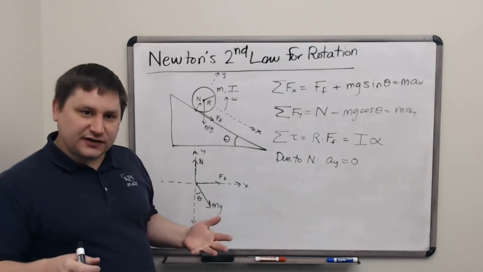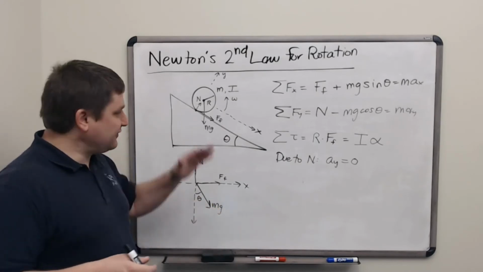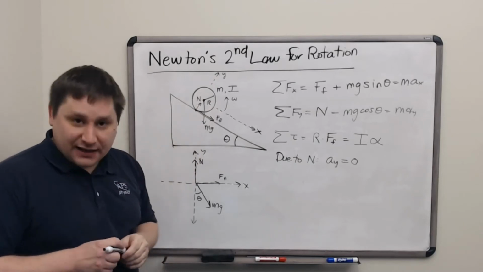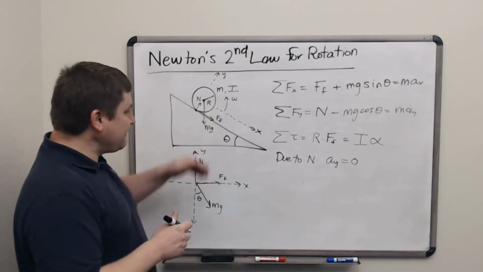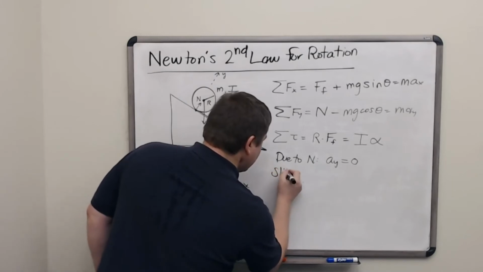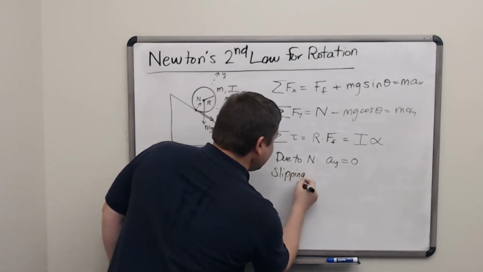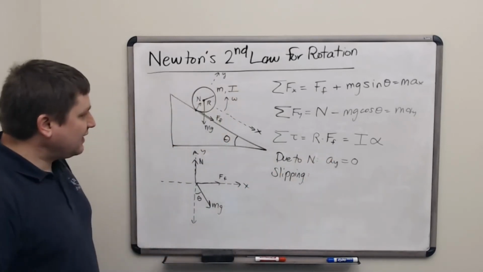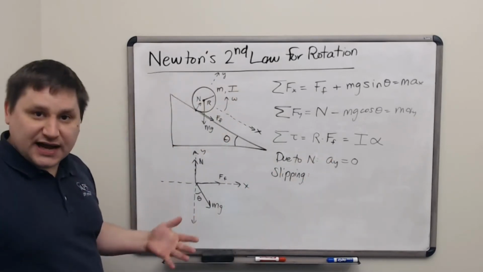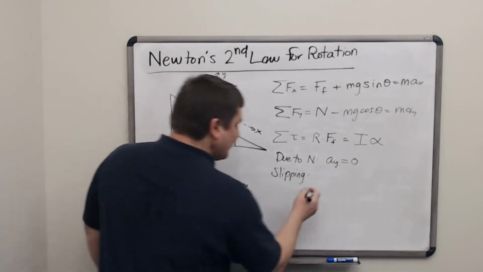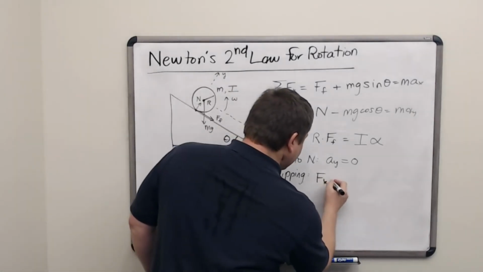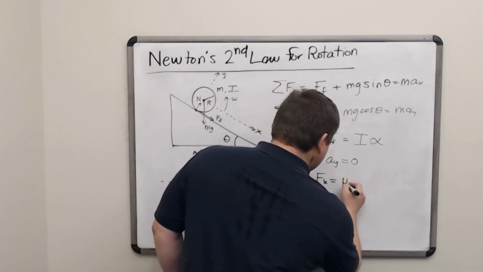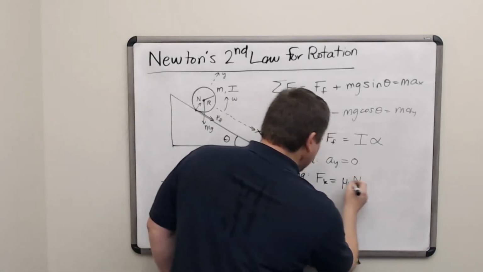But the force of friction depends on whether this object is in static rolling or if it's slipping. So if it's slipping or sliding at the current instant of time, then the force of friction is a kinetic friction, and there's no constraint there. So if the object is slipping, then the force of friction is going to be equal to mu k, the coefficient of kinetic friction, times the normal force.